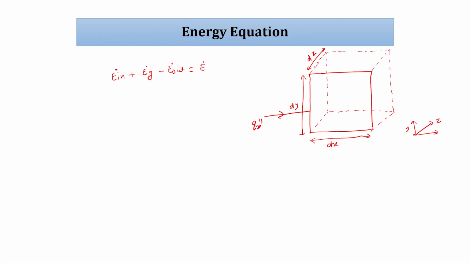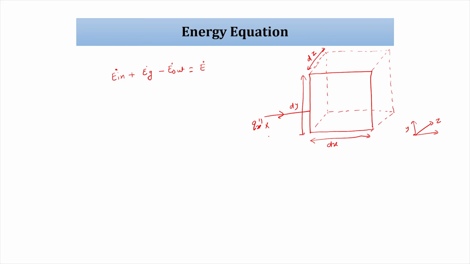So, q double dash is what? Watt per meter square. Now, which area do you have to multiply? The cross section area, where we are applying dy into dz, isn't it? What is coming out? q double dash x plus dx into dy dz.